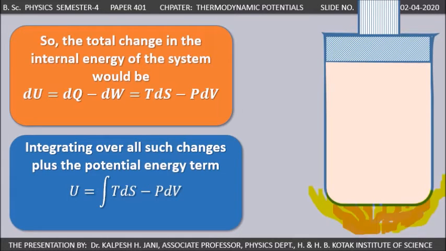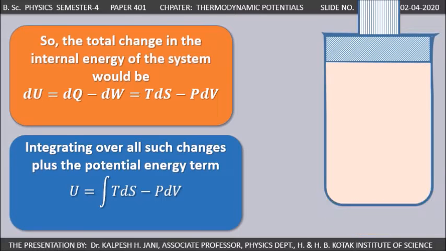Now we can say if the starting point is the point where there was no internal energy due to the heat content of the system, then the overall value of the internal energy, the second part of the internal energy, is just the integration of these two terms over the whole period of the process. So this is the way we define the second part of the internal energy of the given system.